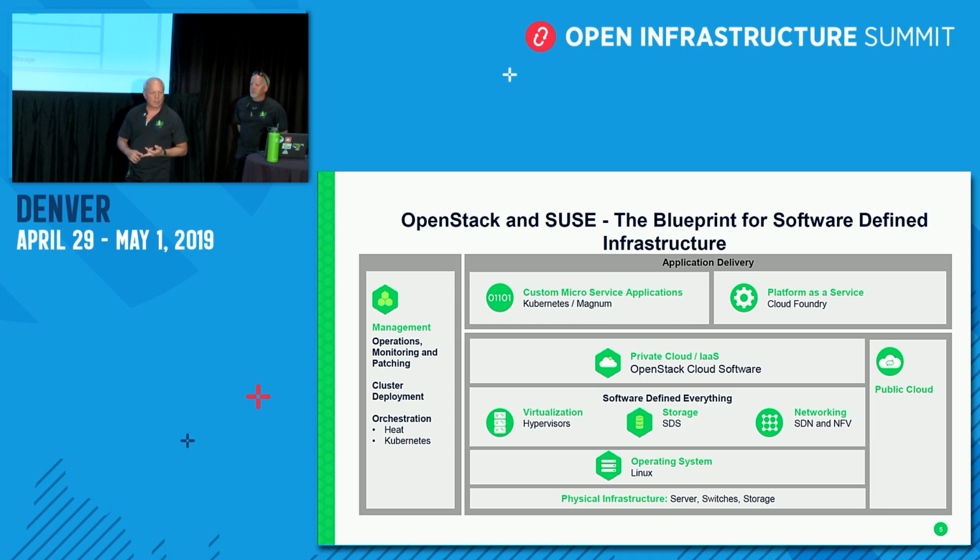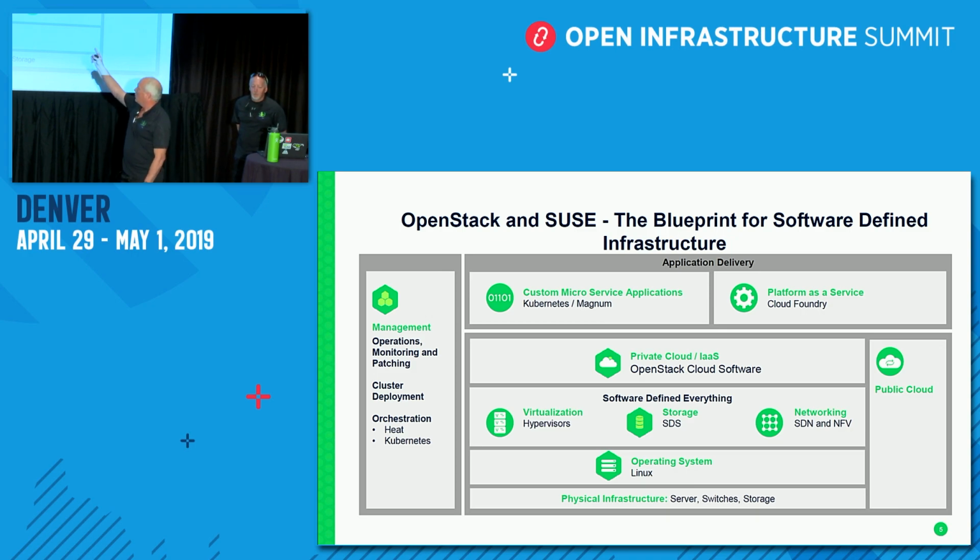We also have software-defined storage in a Ceph offering. As well, we have all the components in networking that you need to build out SDNs for network function virtualization. Driving this is our OpenStack distribution, which gives you all the APIs to programmatically define everything that you want to do in your software-defined infrastructure.